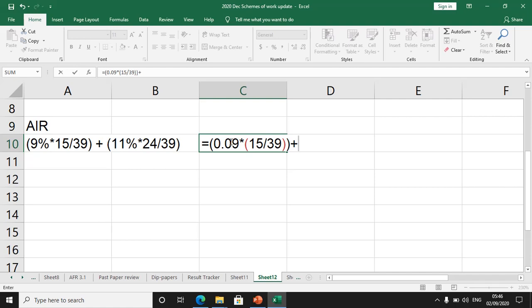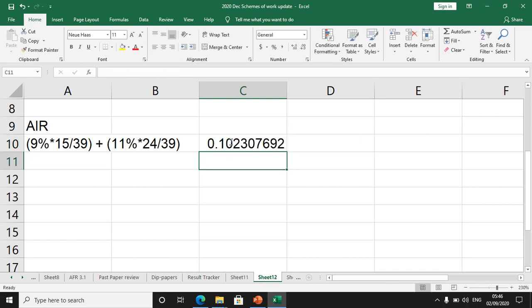Then you say plus 11% multiplied by, open brackets, 24 divided by 39. I'm going to close the brackets as well. Okay, so that is what I'm having there.